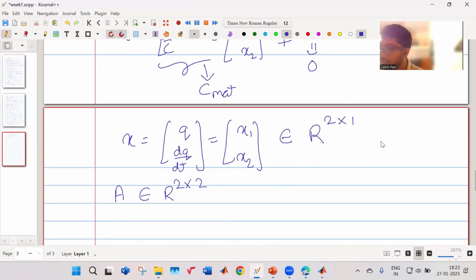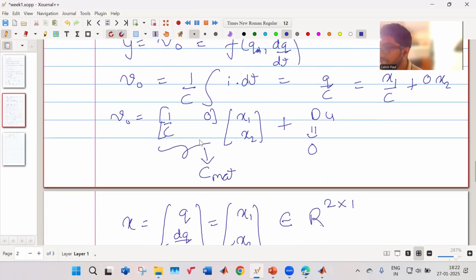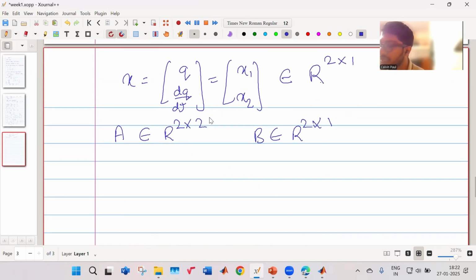And if you see my C matrix, it has 1 row and 2 columns. Okay, so these are the dimensions of the matrices.